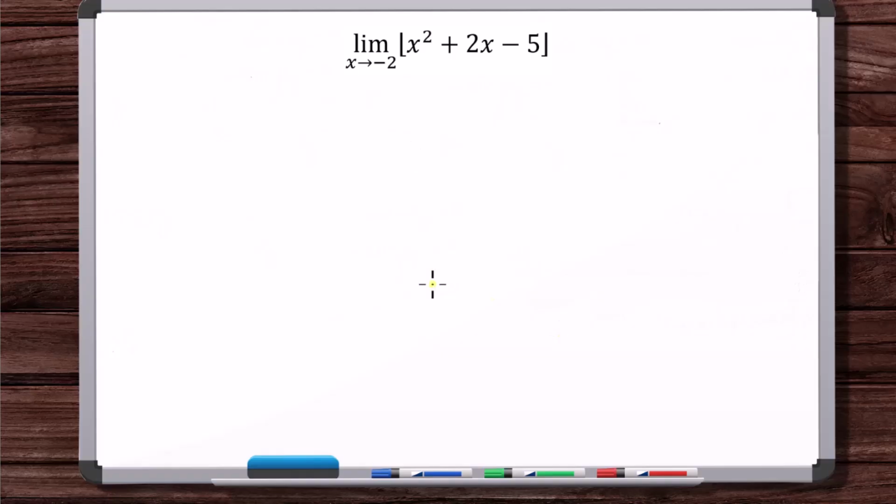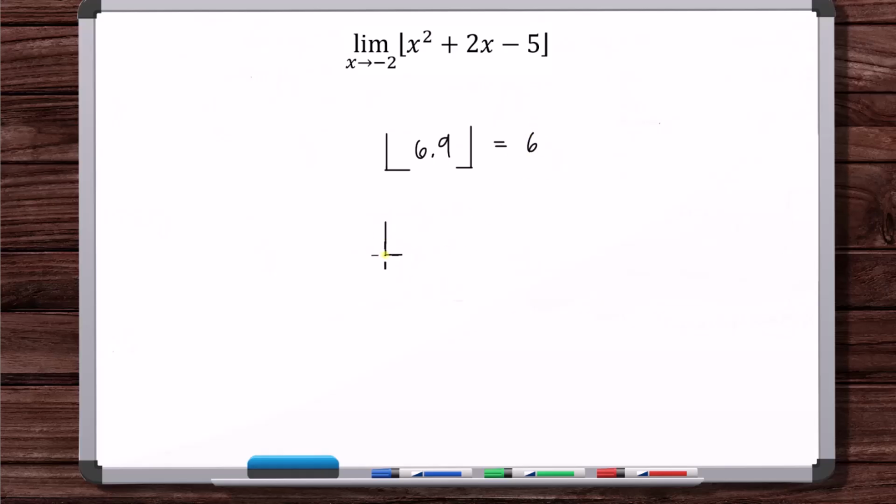So, okay, what we need to do here is we want to think about, so what is this function? How does the floor function work? Well, a floor function always rounds down. So if you input 6.9 into the floor function, then the output is 6.